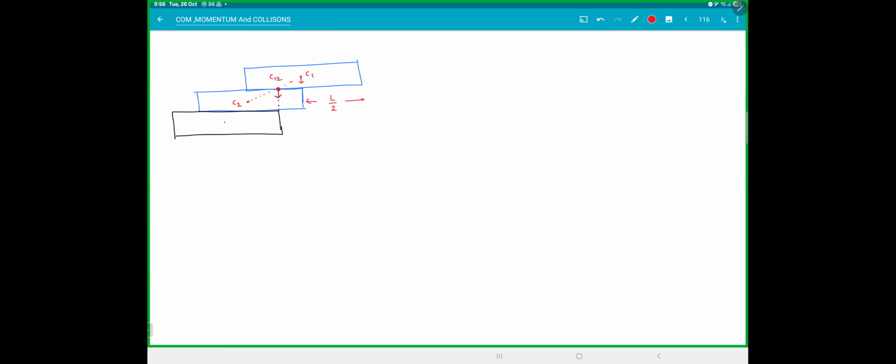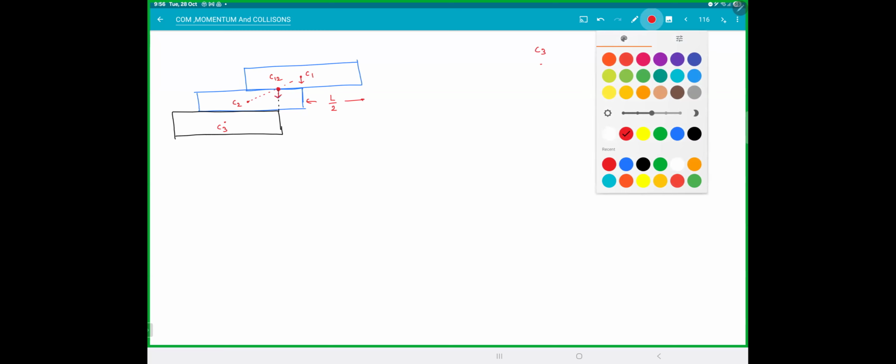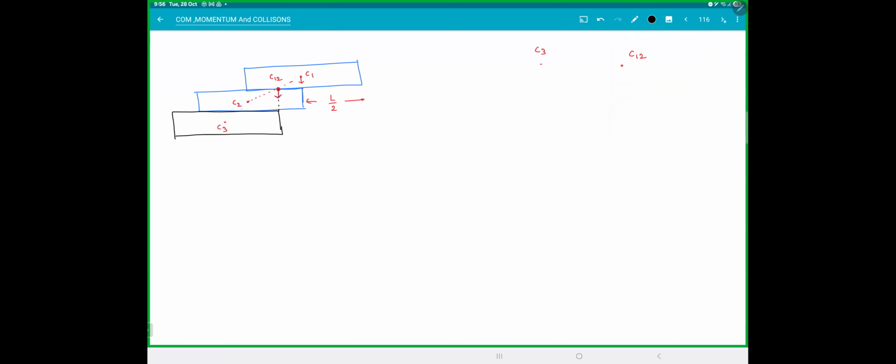Now look at here carefully. This is C3. So this is C12. This is C3. And you can clearly see this distance will be how much? C12, so this is the edge, right? So this distance will be L by 2. I'll just draw that again. See.